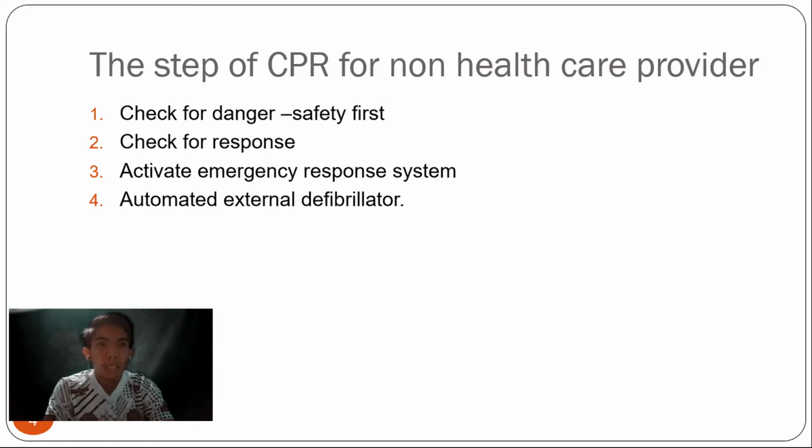We can check the response by asking a question or tapping her or his shoulder. Third step is we activate the emergency response system, like calling 999. And the last step is the automated external defibrillator.